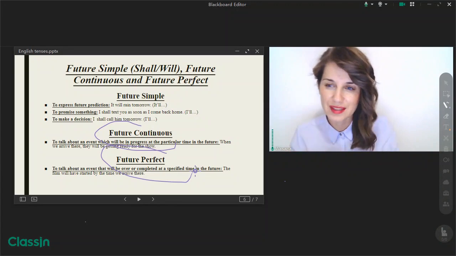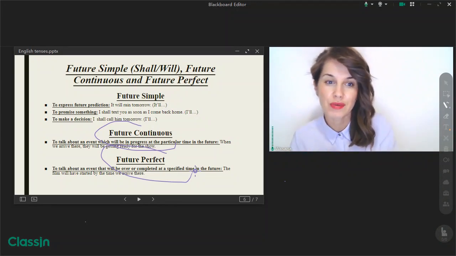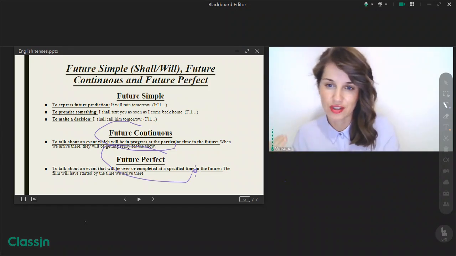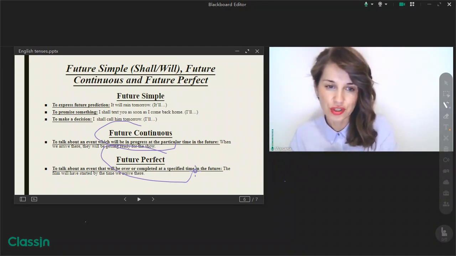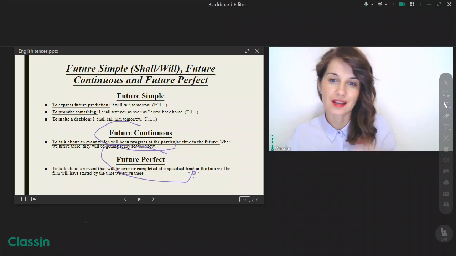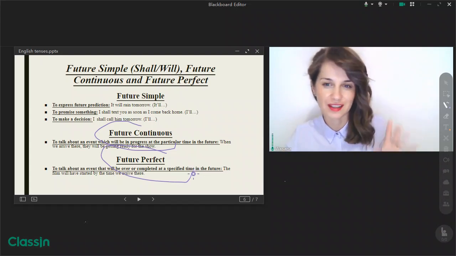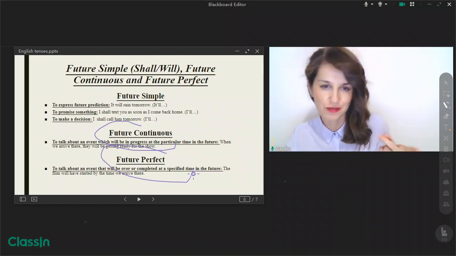So I promise I'll do one more presentation related to these two future tenses and other future structures used in English language, because, you won't believe it, there are more of them. So future continuous, future perfect, and other future structures in English language, I promise in the future.